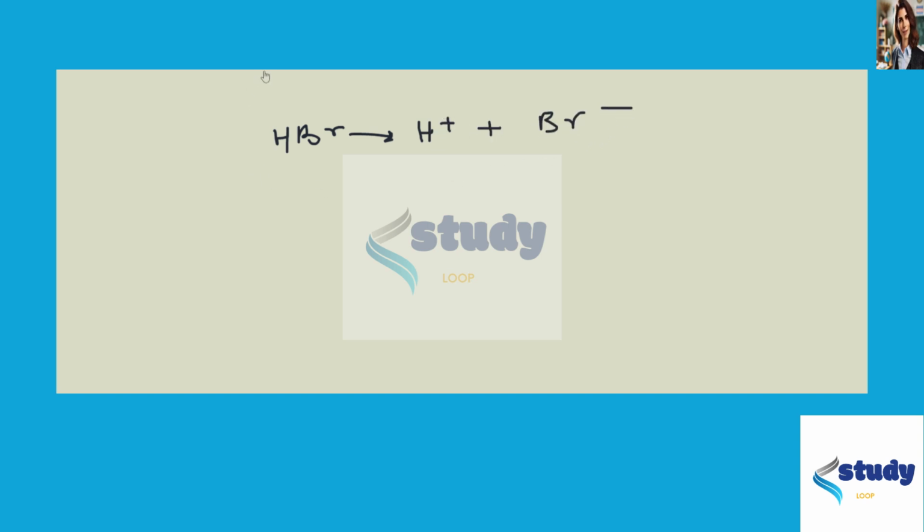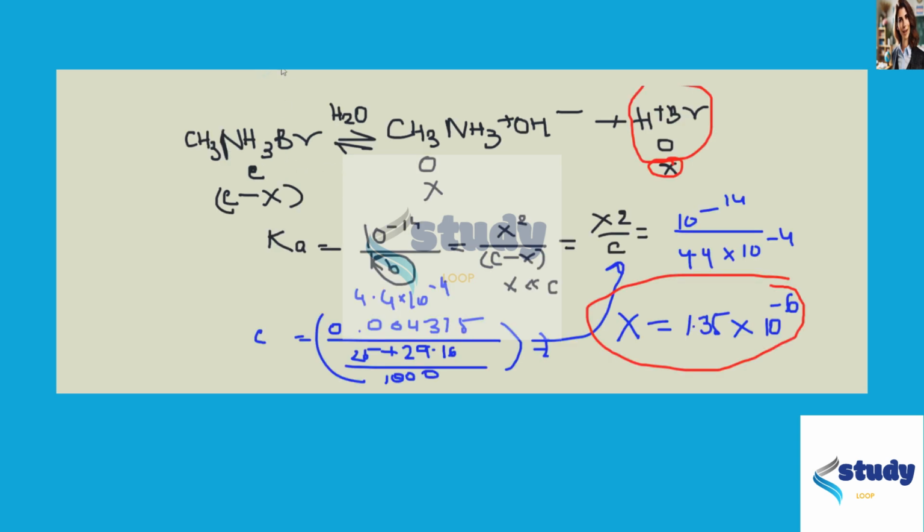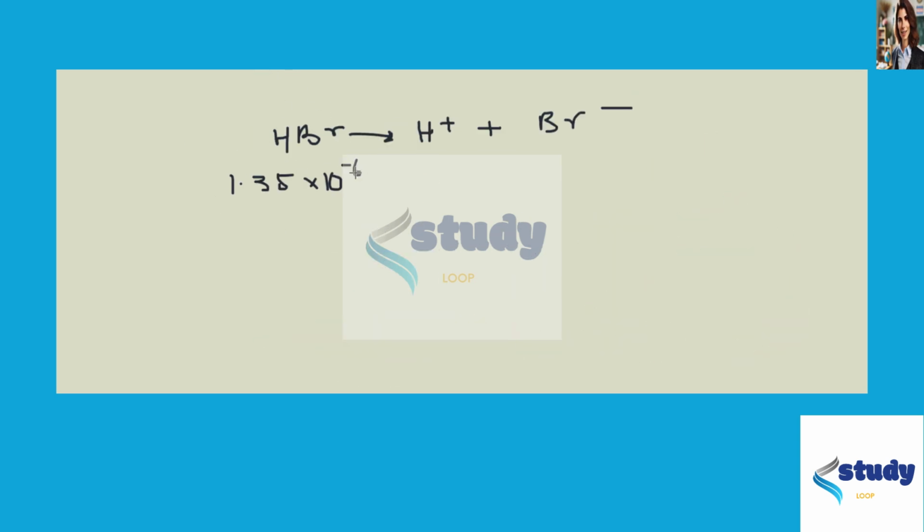So if I had 1.35 into 10 to the power minus 6 in HBr concentration, that will be broken down into 1.35 into 10 to the power minus 6 H plus ions concentration and 1.35 into 10 to the power minus 6 Br minus ion concentration.